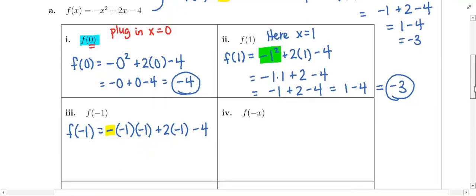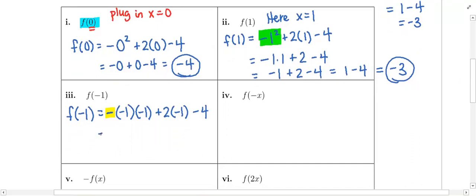Now we need to simplify. This first piece, we've got negative times negative 1 times negative 1, so we've got 3 negative signs multiplied together. Negative times negative is positive, times negative is negative. 1 times 1 is 1. So this whole piece is going to turn into negative 1.